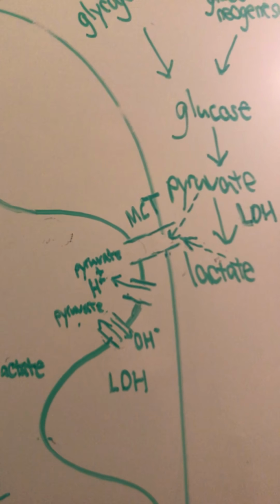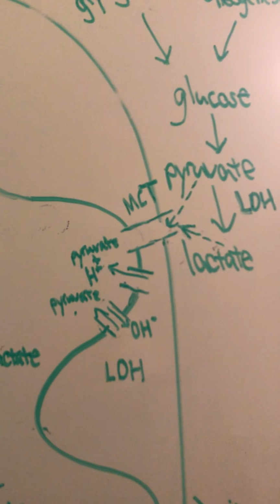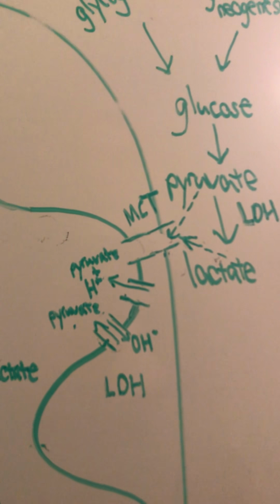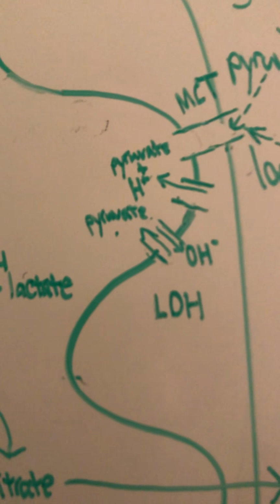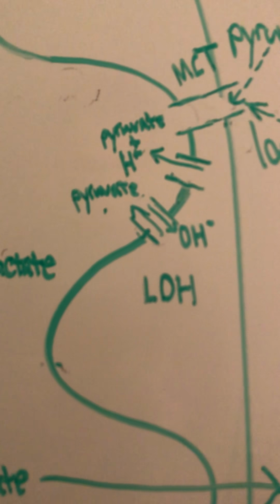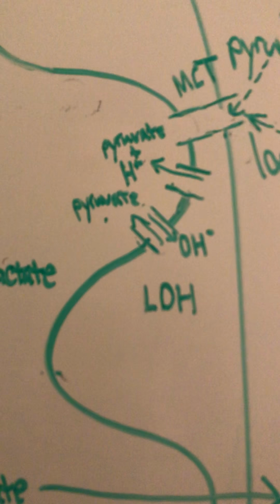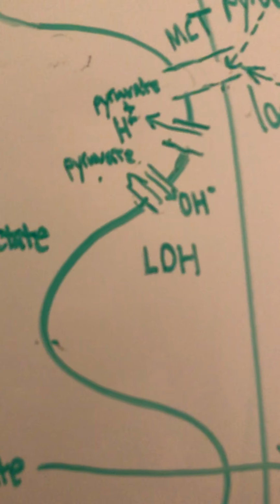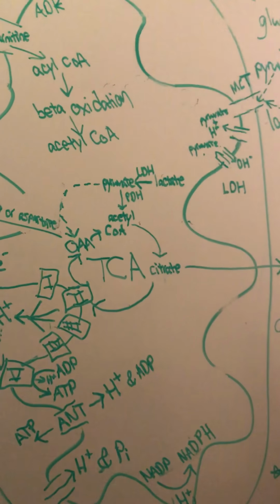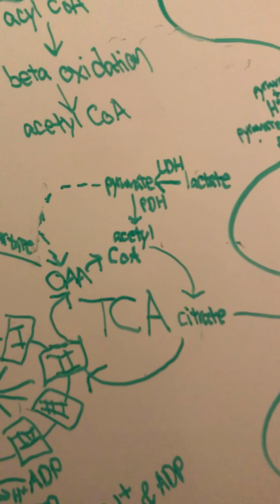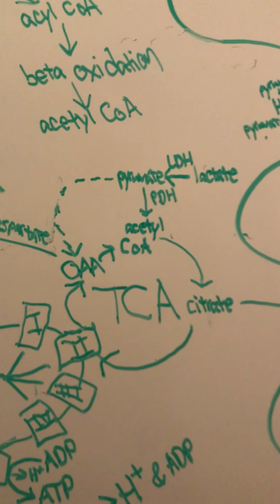Pyruvate and lactate can enter the matrix of the mitochondria or the intermembrane space via MCTs. Pyruvate can also enter via these pyruvate hydrogen ion symporters, these pyruvate hydroxide antiporters. Furthermore, the TCA cycle occurs in the matrix of the mitochondria.